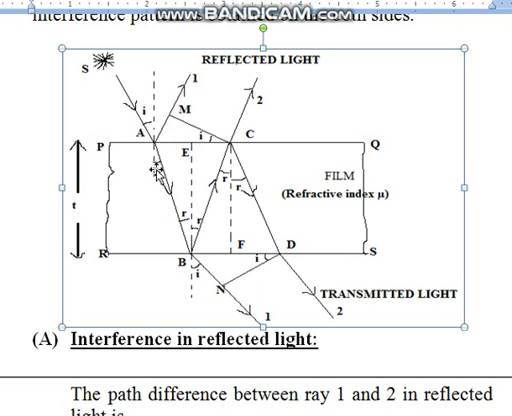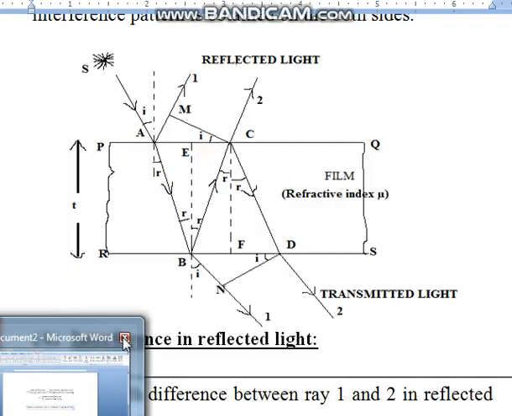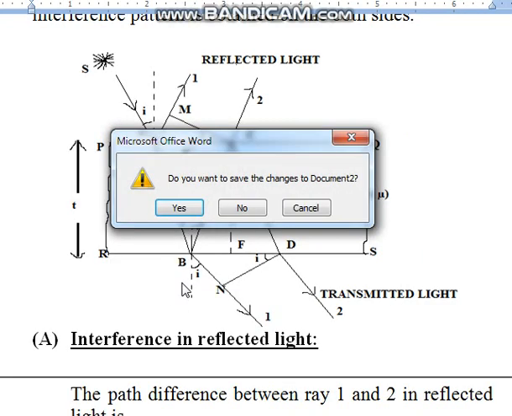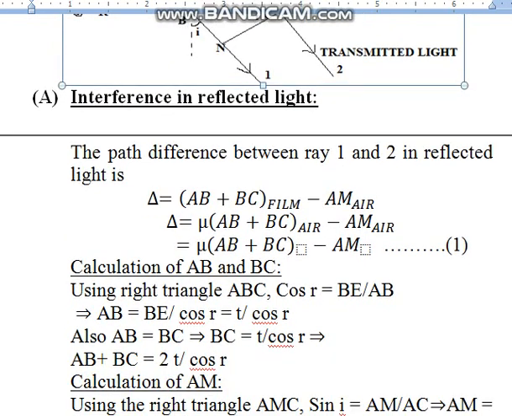Both paths are different because one is in film and one is in air, so they are connected with the refractive index. We multiply by mu in order to change film into air. So both path differences are now in air, and in this way we obtain the path difference expression.